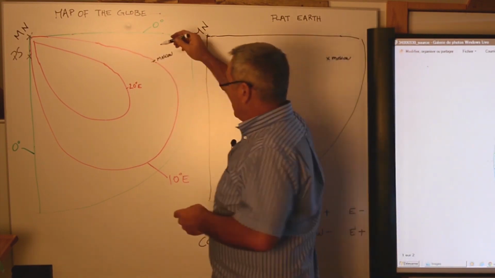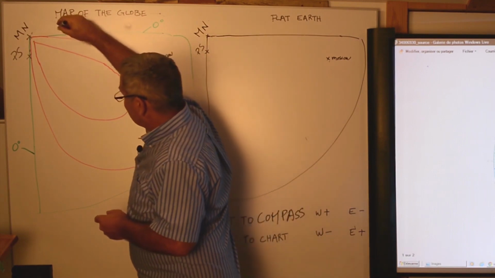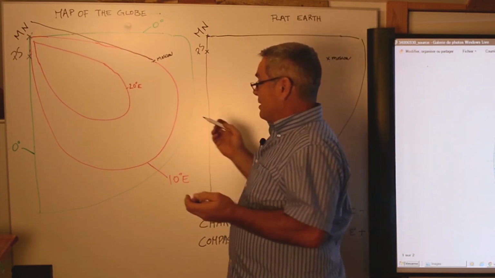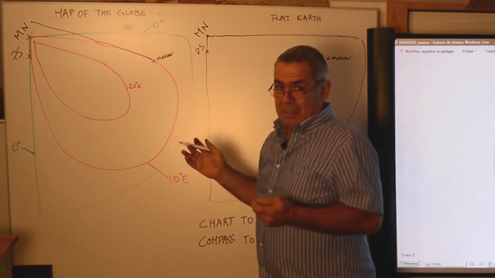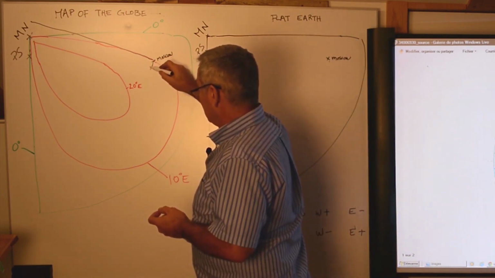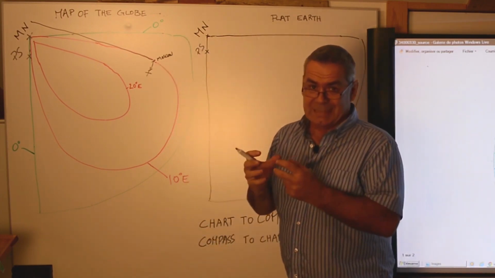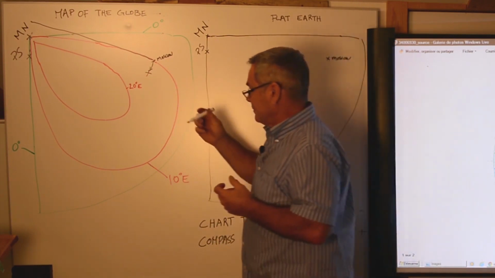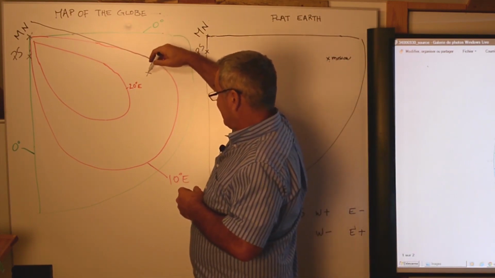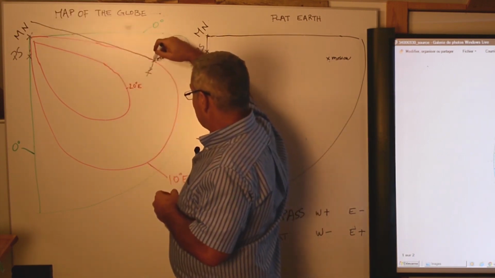So on the map of the globe, the azimuth of the magnetic north will be approximately like that. But the magnetic north is not there. So here is the subterfuge. They're going to move Moscow from here to here. So they create the Earth surface, they stretch the map, and now you have the magnetic declination is 10. 10. 0 is like that.